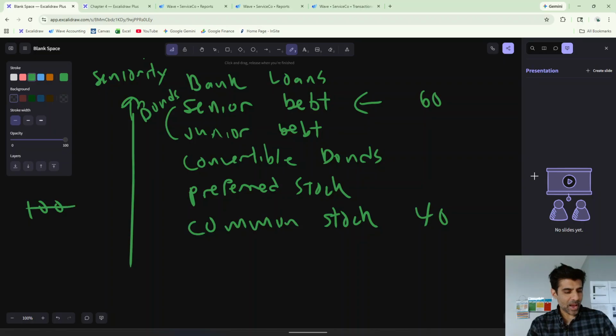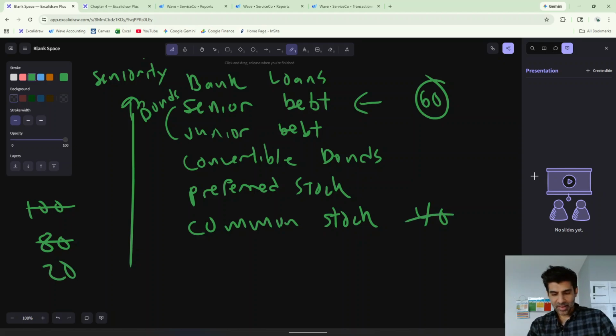Let's say things went bad and you sold everything your company had and you only got 80 bucks. The first 60 are going to go to pay these guys off, so they're going to get made whole. That reduces this to 20, and then these guys are only going to recoup half their money, so they take a 50% loss. That's how it would work.